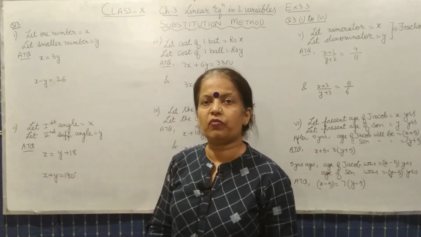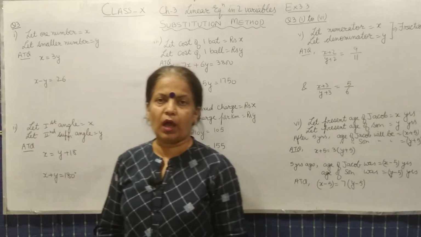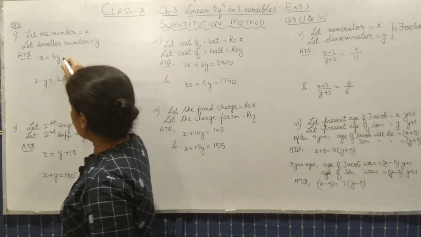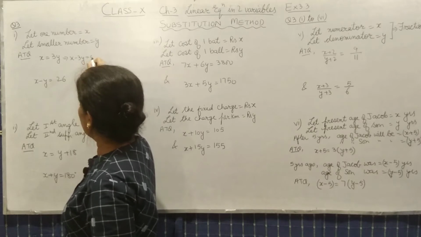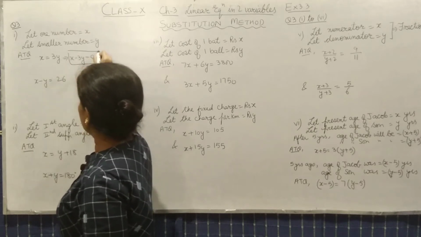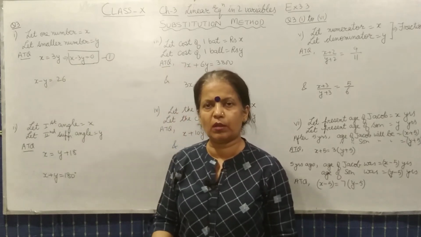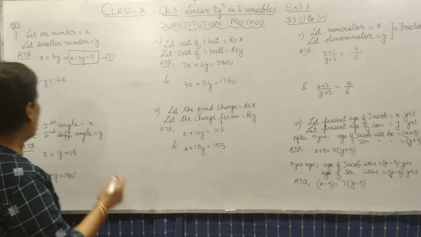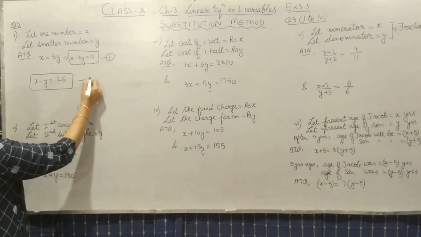Okay, so to find the value by the substitution method, you need two linear equations. So the first linear equation you will make like this, equals to 0. This will be the first equation. The substitution method we took in the previous class. The same method you will follow over here, and this will be the second equation.